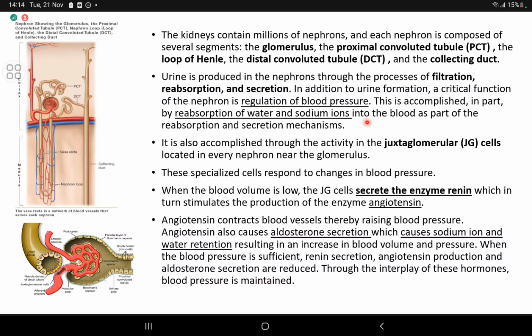So the functions of the nephron are to perform filtration, reabsorption, and secretion. This one I think all of you know already, isn't it?